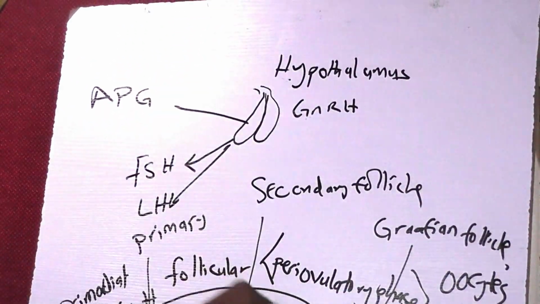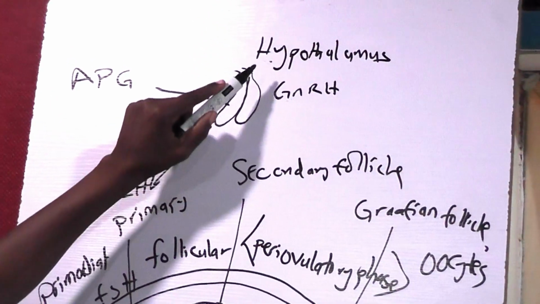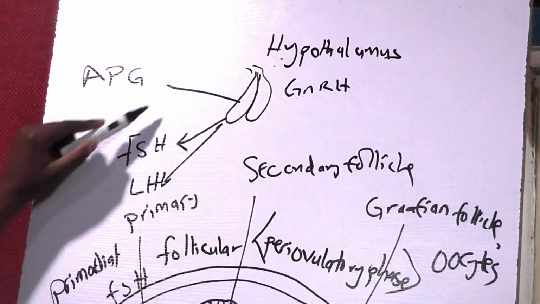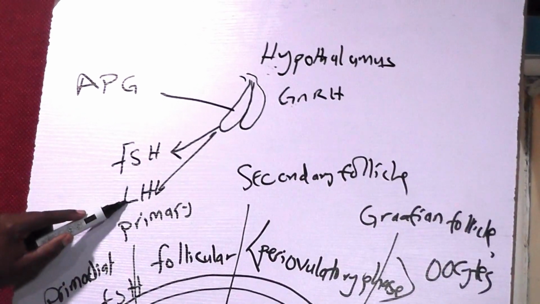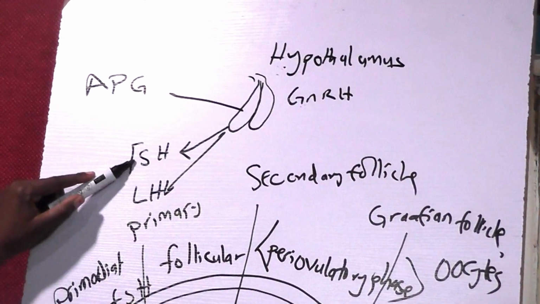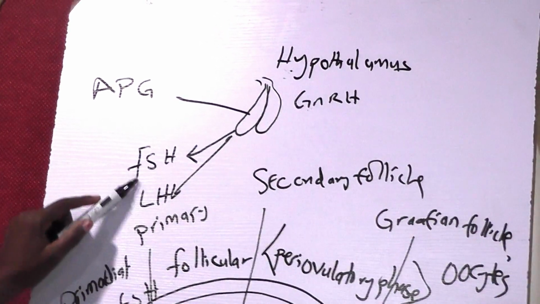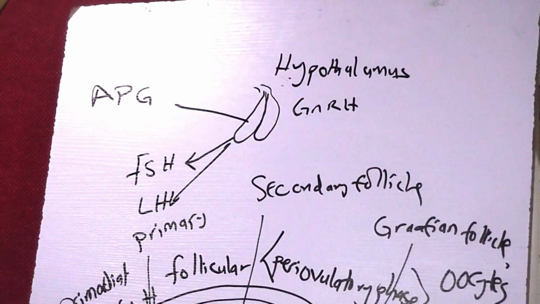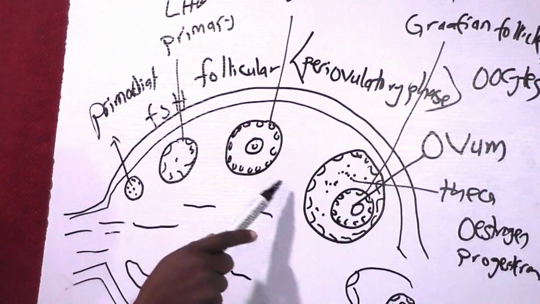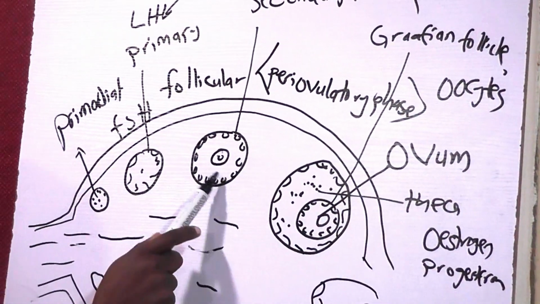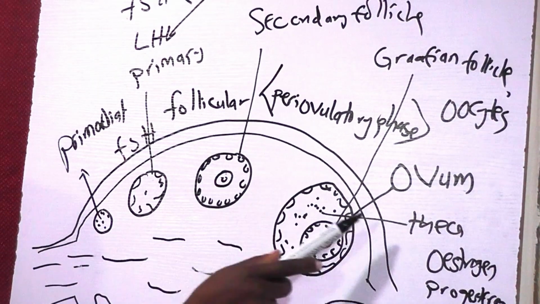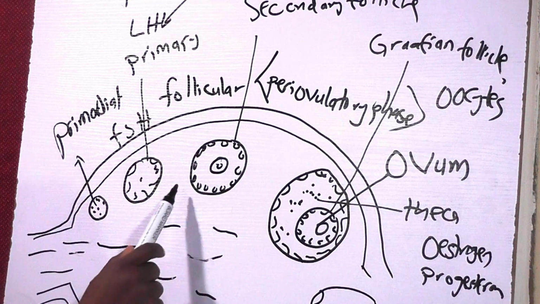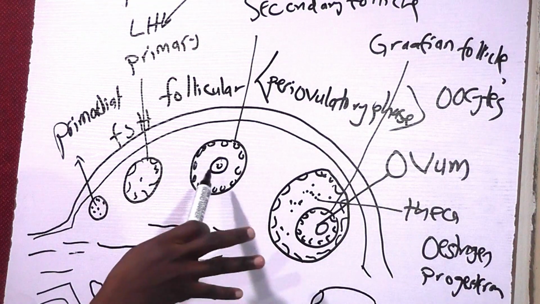In response to the level of estrogen, the hypothalamus will now stop or inhibit the release of follicle stimulating hormone and luteinizing hormone. So there is restriction in further development of follicles, and the follicles do not continue to form, develop, and mature.